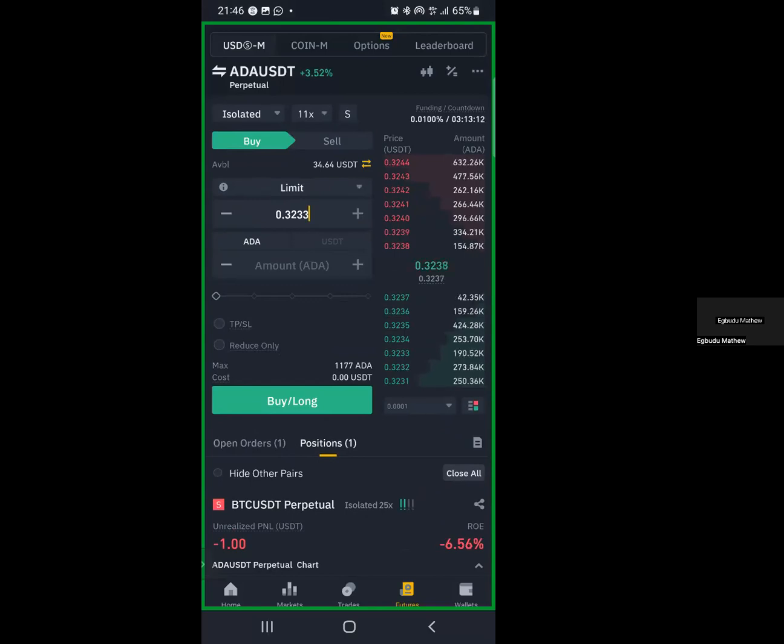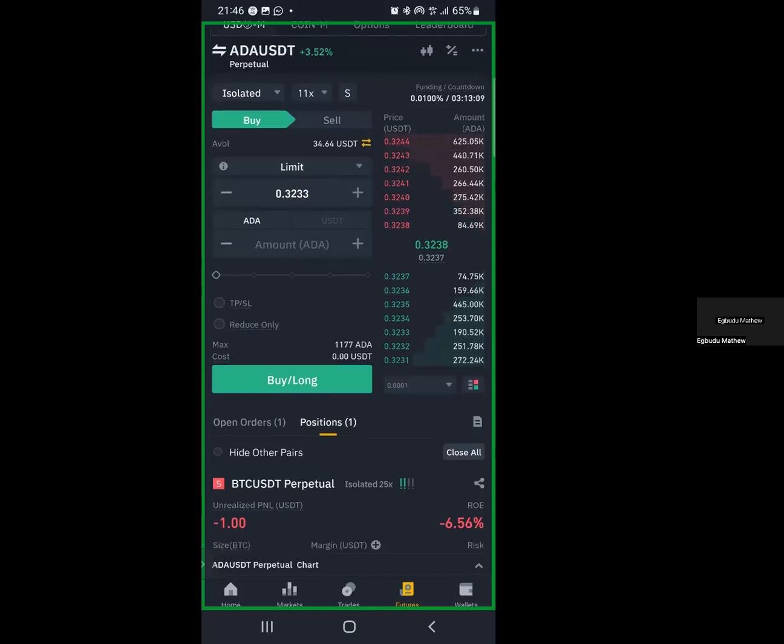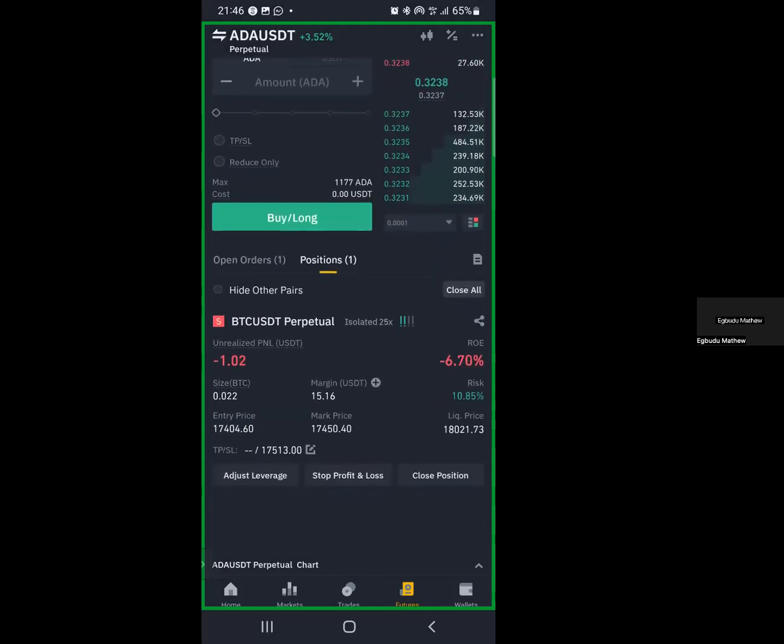It will get to a point where my liquidation point below here is 18,021.93. If it gets to this point, I will be liquidated. That is if I'm using isolated margin.